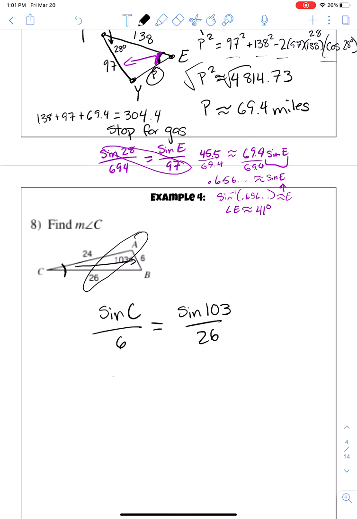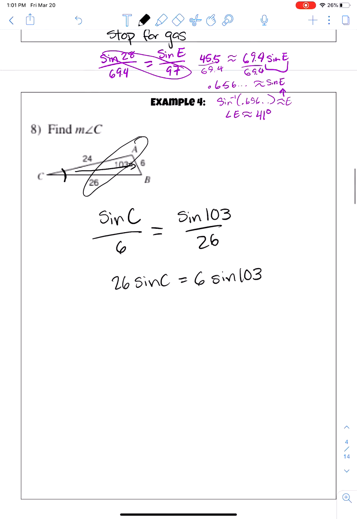Okay, so we cross multiply, we get 26 times the sine of C is equal to 6 times the sine of 103. We're going to plug that into our calculators, divide by 26, divide by 26. We get that sine C is about equal to 0.225 something.